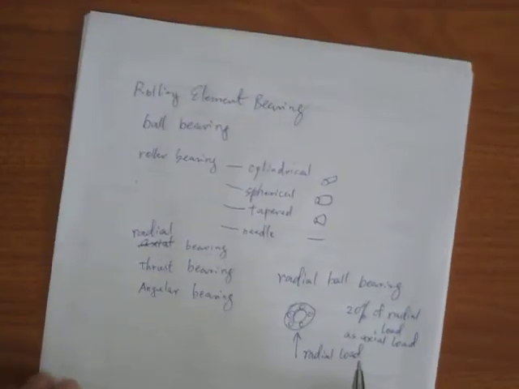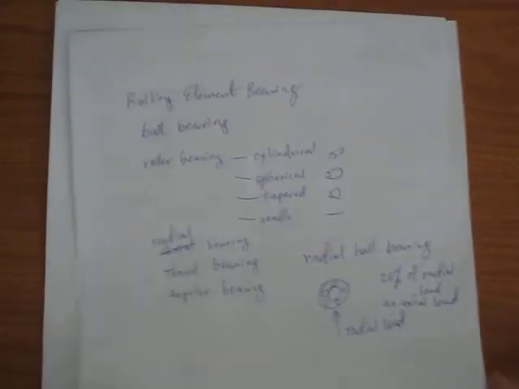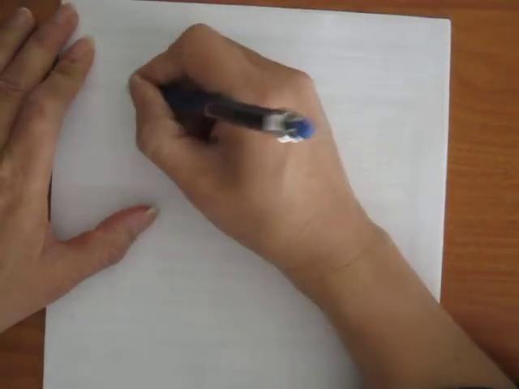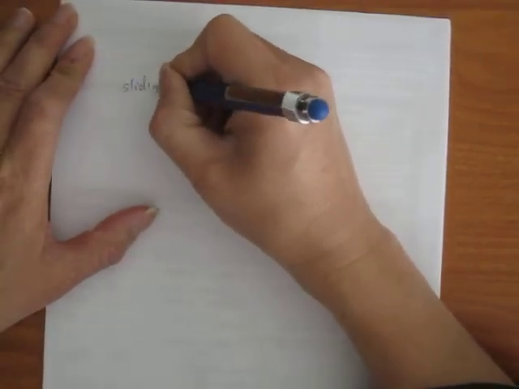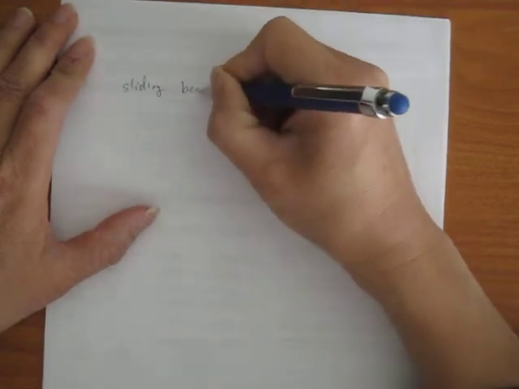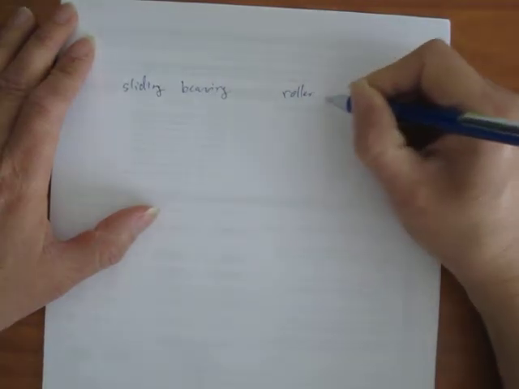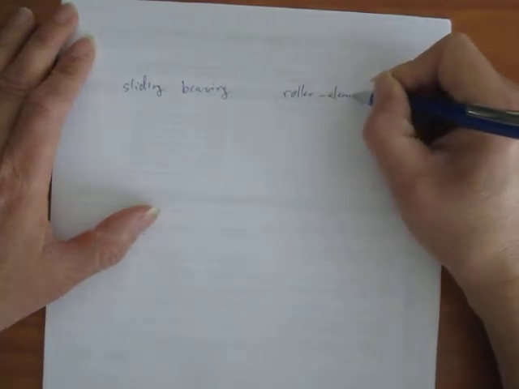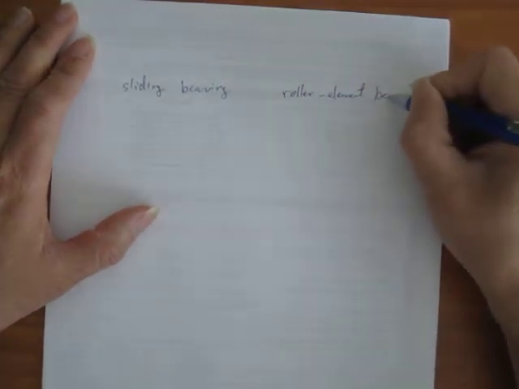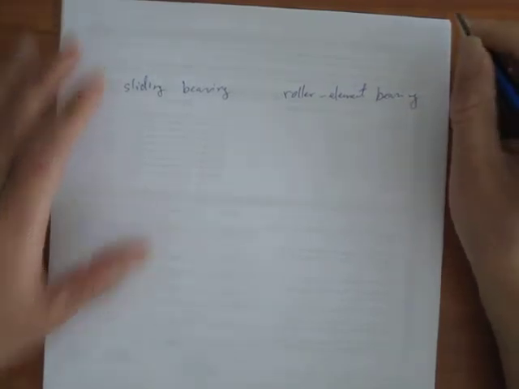Okay. Now next, we're going to take a look at the comparison. Let's compare the sliding bearing and rolling element bearing, like the ball bearing. We compare those two to see what kind of situation we need to use which.